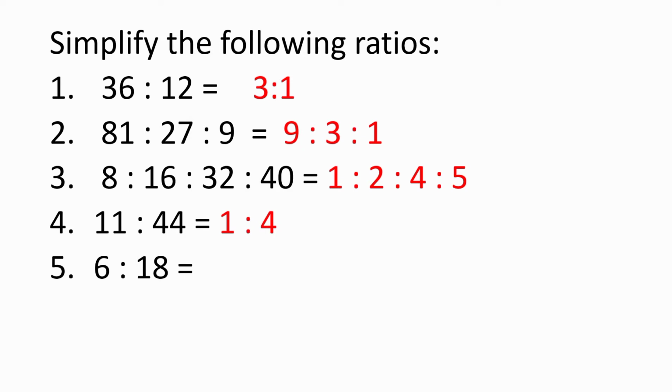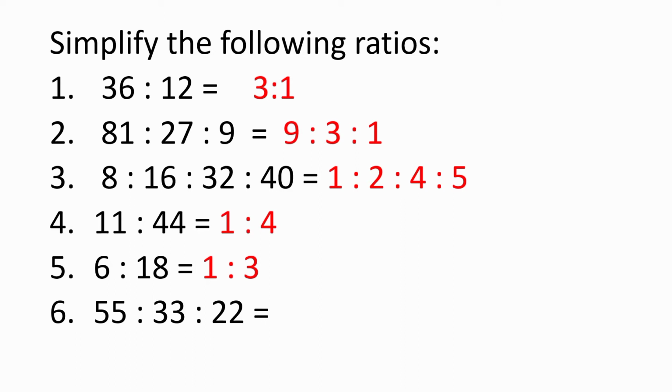We have number 5, 6 is to 18. How will you simplify this one? Of course, we have 1 is to 3. We divide both by 6. And for the last number, we have 55 is to 33 is to 22. What do you think is the simplest form of these ratios?